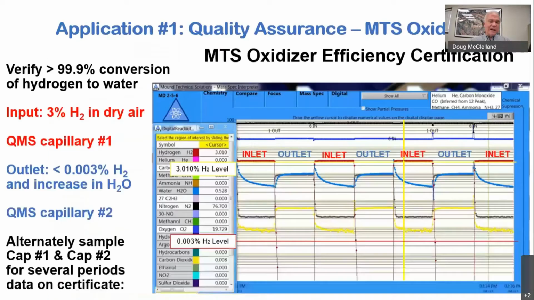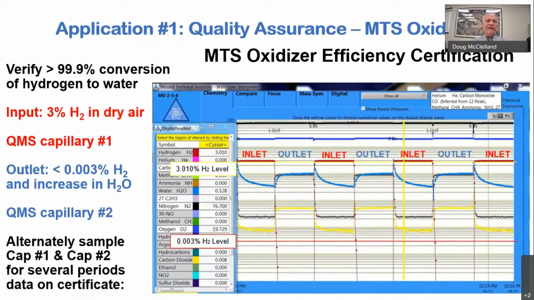So let's talk about how that looks. Here's a test result. This is the output of the mass spectrometer, and what you'll see here are the various plots, in a column format, showing the variation of inlet to outlet, and so on.